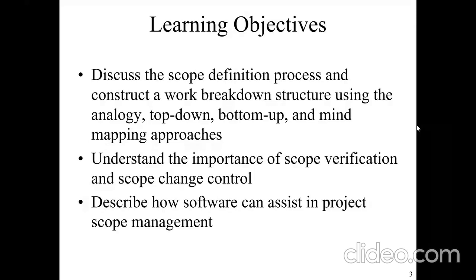Then we would understand the importance of scope verification and what we call scope change control. These are very important. Now, somebody has given you a work to do or a project, and so you have taken the scope from the stakeholders. You will need to verify the scope. So this is, you said you want A, B, C, D. You have to do that verification.